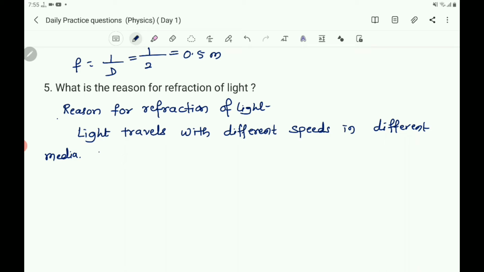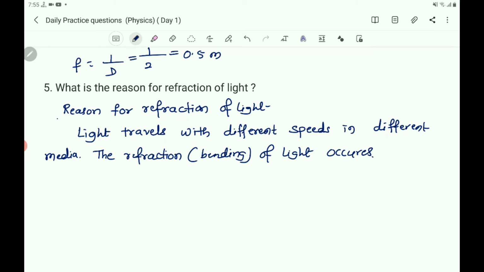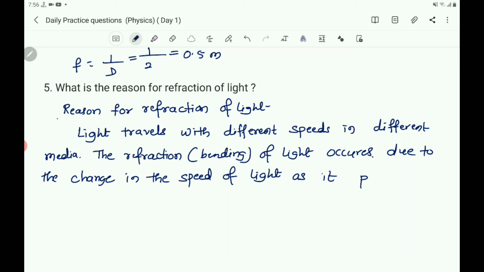The refraction of light occurs; refraction means that is nothing but bending of light occurs due to the change in the speed of light as it passes from one medium to another medium.